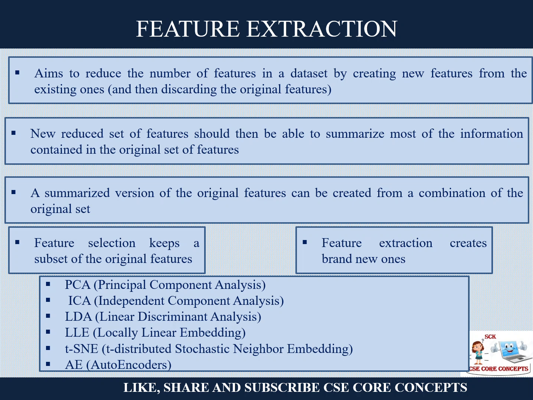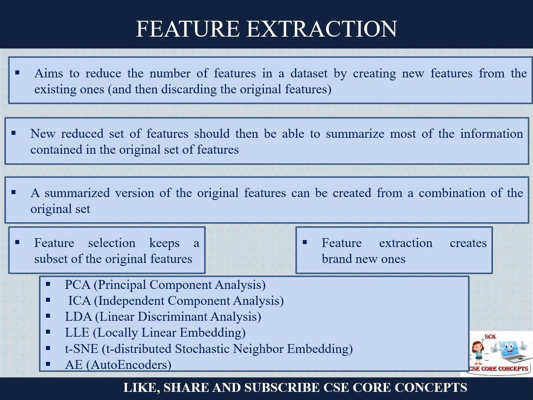Now, another way to reduce the number of dimensions is the feature extraction method, where the aim is to reduce the number of features by creating new features from existing ones. So from the features which you have, we are going to derive some new features.